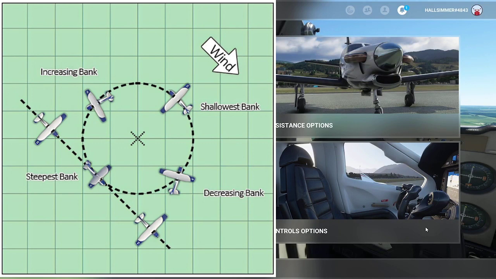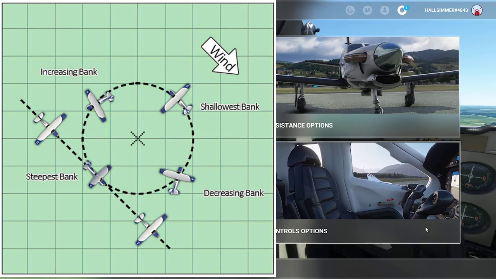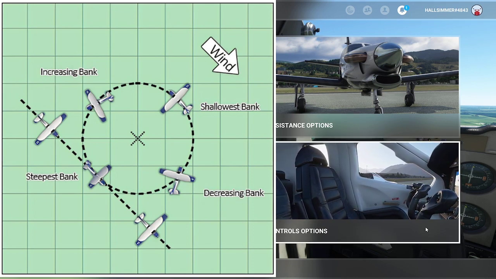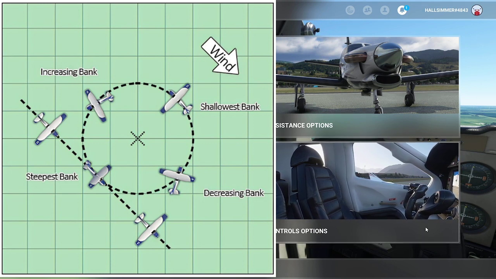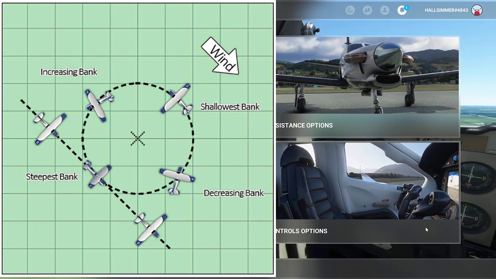And then finally, you'll increase the bank again as you get about the midway point, gradually increasing the bank, where it says increasing bank there, until you get to the point where you have to make the steepest bank again to complete the circle because the wind's behind you.